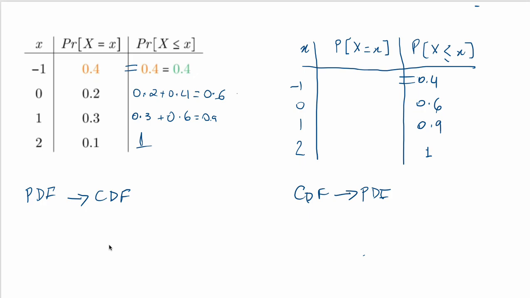And for CDFs, the first line is always equal to the first line of the PDF, and it always has to end up in 1, okay? Because the last line will always be the sum of this column that has to be 1, okay? So this is just a recap.